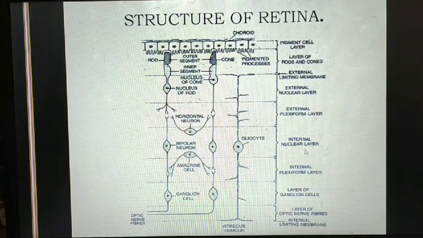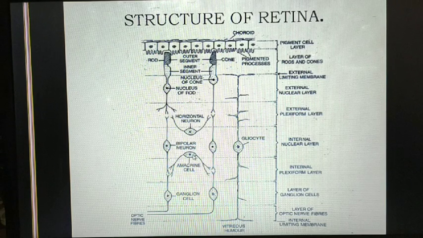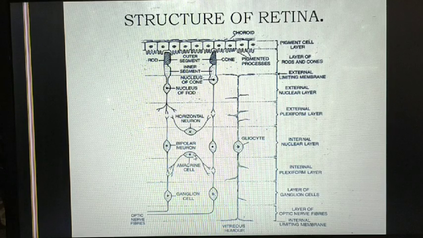So next one is internal nuclear layer. So this is made up of only the cell bodies of different cells known as bipolar neurons, and the cell body of horizontal neuron and cell of amacrine cell.